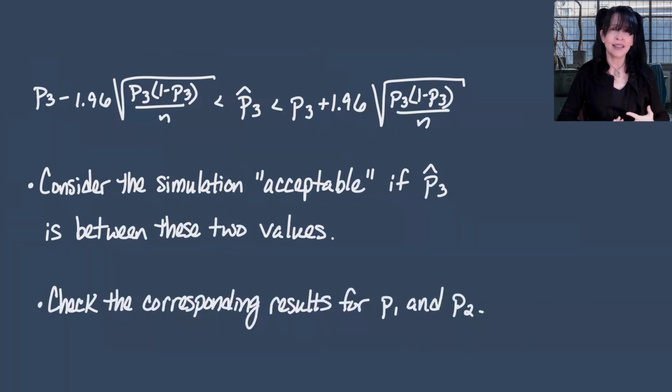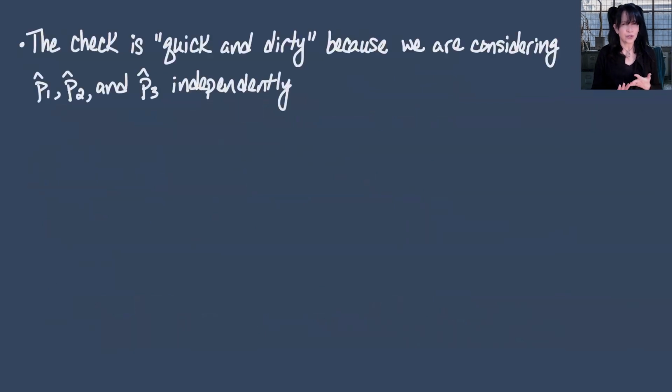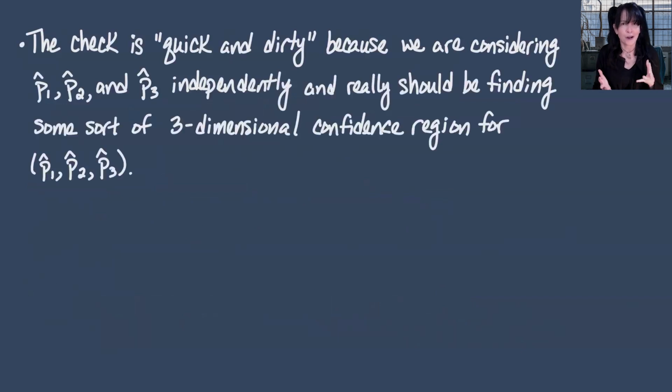Now, I say that this is a quick and dirty check because we really should consider our estimates for P1, P2, and P3 all together and not independently. So technically, I should try to come up with some sort of confidence region in R3, some region in three-dimensional space where the triple, P1 hat, P2 hat, and P3 hat, falls with probability 0.95 or whatever probability I want.